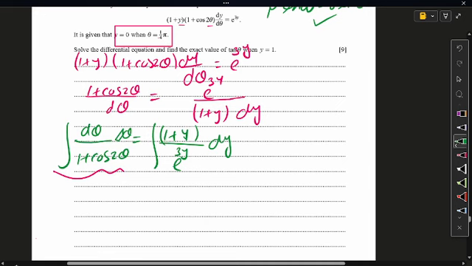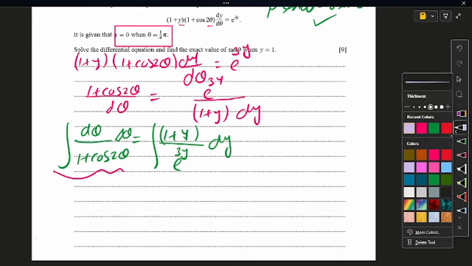There are a lot of formulas, but you have to think about a formula that makes your simplification easy, not complicated. If you take cos 2 theta into sin 2 theta form, the integral will still retain the trigonometric function, and that will make your integration complex, so you can't use that. You have to think of a formula that makes your simplification easy.